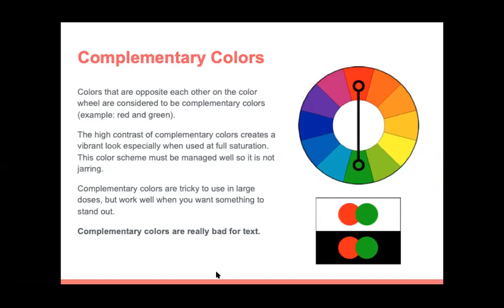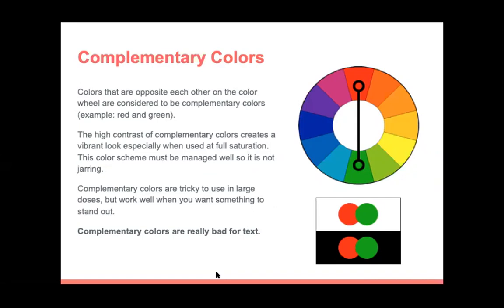Complementary colors are really bad for text. I just actually had somebody in another class design a menu, and they made the whole back part of the menu that green color that you see in that dot, and then they used big headline text in that red color.